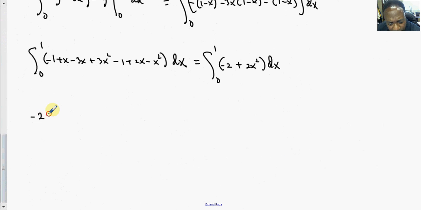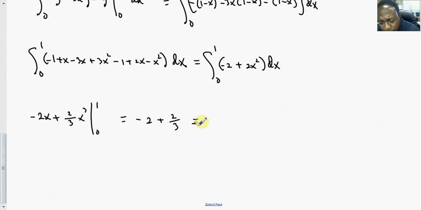We do not hesitate. This is -2x plus 2 over 3 x to the third, evaluated from 0 to 1. So that leaves us with -2 plus 2/3. That gives us -4/3.